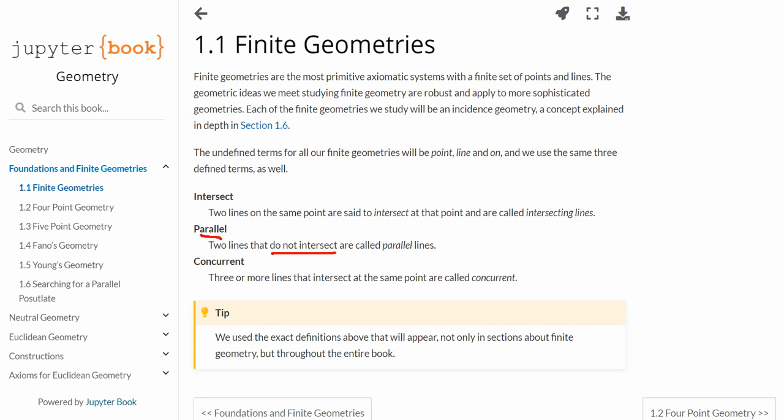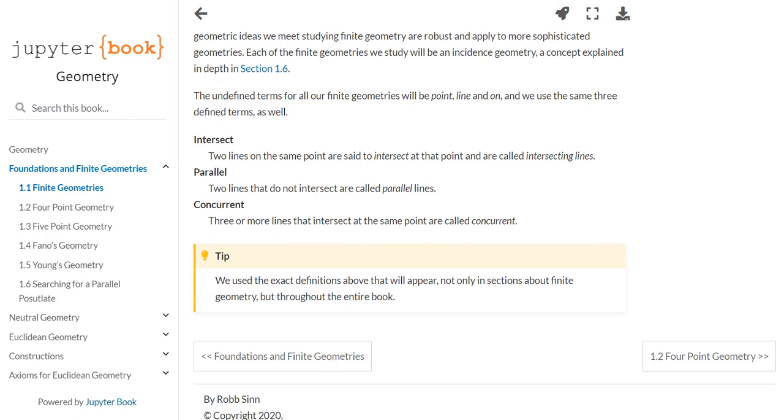That's not what we mean. We'll see some rather interesting ideas of parallel in these finite geometries. All parallel means is that 2 lines do not intersect anywhere. And then concurrent, that's 3 or more lines on a single point. So those are the defined terms that we'll use in these finite geometries.